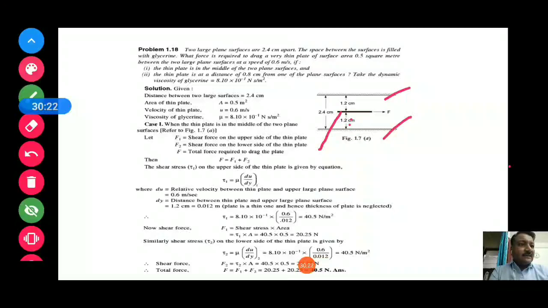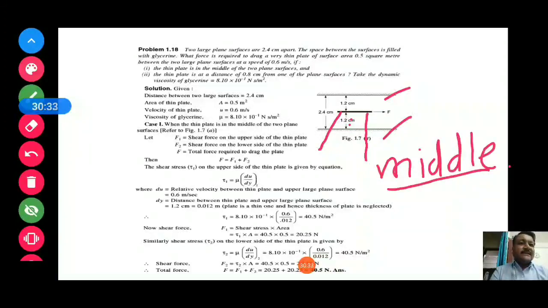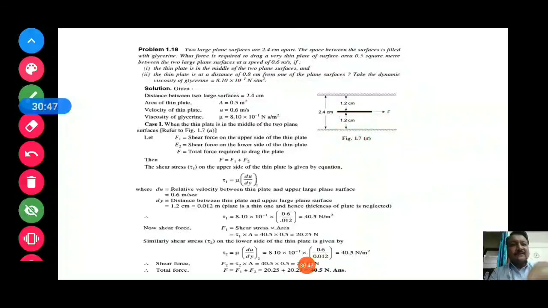In the first case this plate is at the middle between the two plane surfaces, and in the second case that plate is at a distance of 0.8 centimeter from one of the plane surfaces. So these are the two cases.